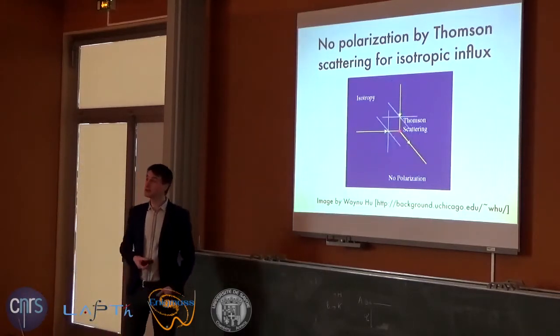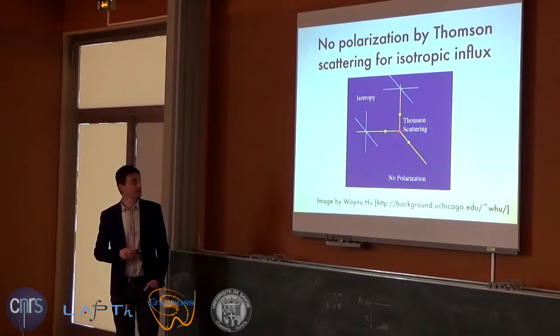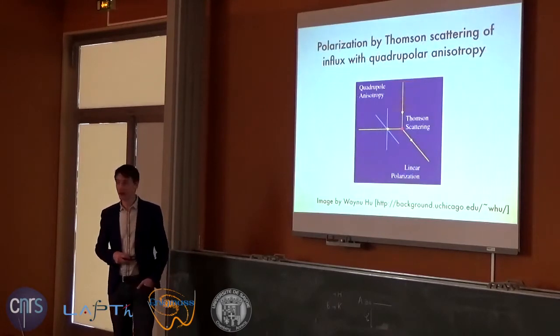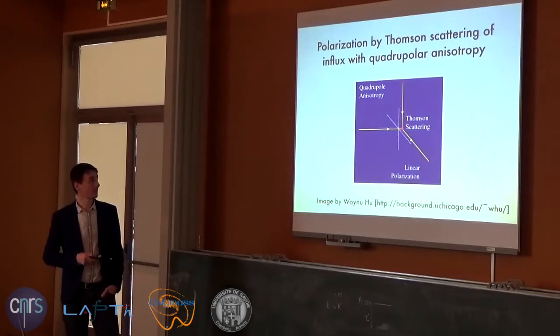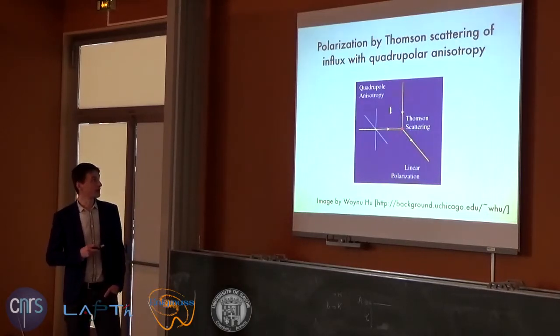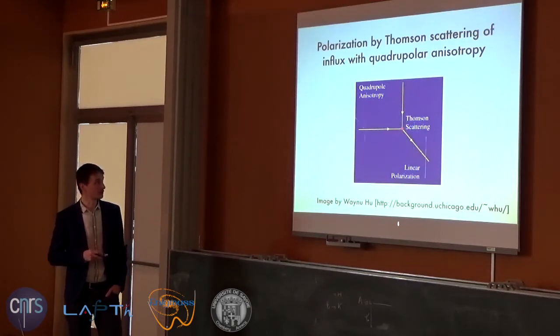But now imagine that the electron sees some anisotropy, particularly an anisotropy that is quadrupolar, which means that there is, for example, hot radiation, so more radiation coming from this direction and from the opposite vertical direction, and cold radiation coming from the horizontal direction and the opposite horizontal direction.